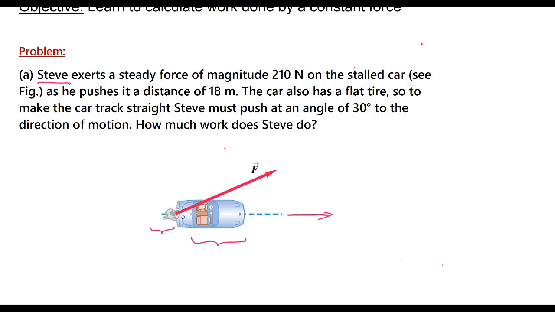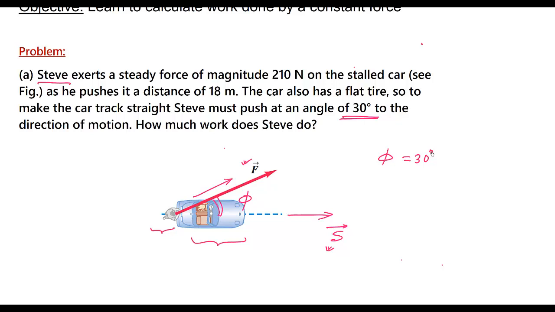And Steve is applying a force in this direction. So basically the displacement vector and the force vector are not in the same direction. There is an angle, and this angle is given in the problem. This angle is 30 degrees. Let's call this angle phi, and phi in this case is 30 degrees.